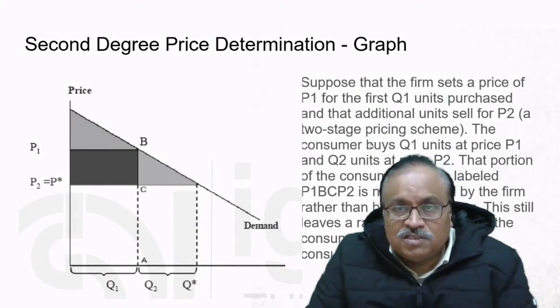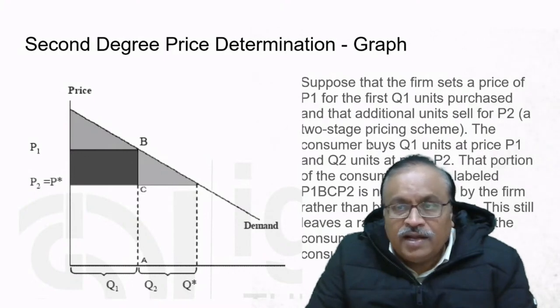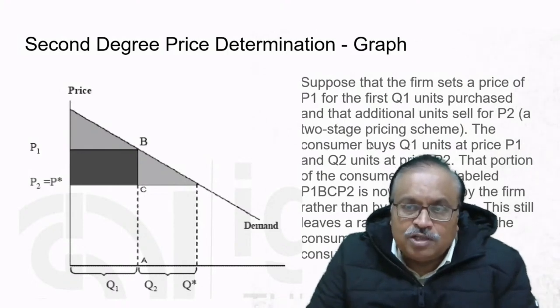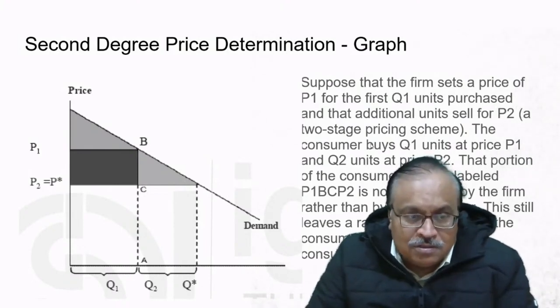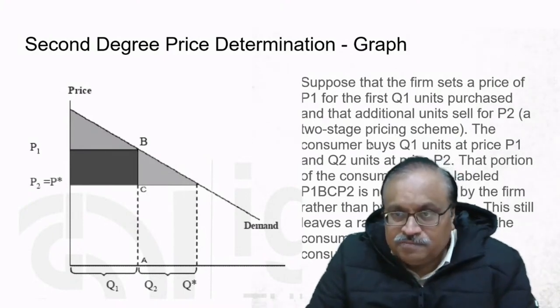Suppose that the firm sets a price of P1 for the first Q1 units purchased, and that additional units sell for P2, a two-stage pricing scheme. The consumer buys Q1 units at price P1 and Q2 units at price P2.